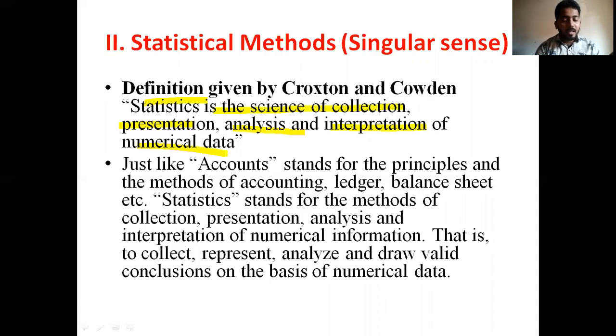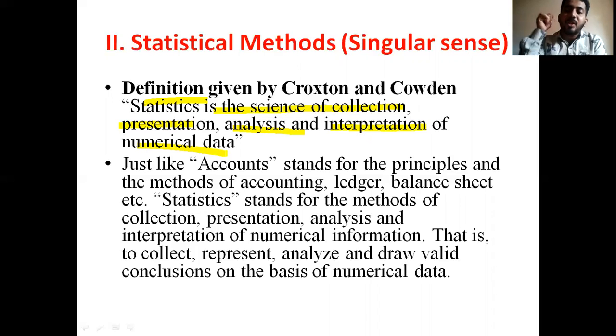Science means a systematic study of knowledge. Here, statistics is a science of collection, meaning a systematic study of knowledge regarding collecting the numerical data, presenting the numerical data, analyzing the numerical data, as well as the final step, interpretation of the numerical data.